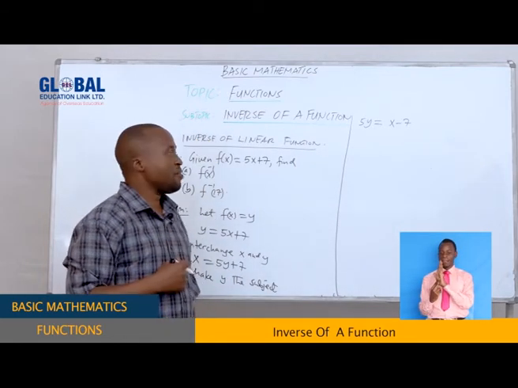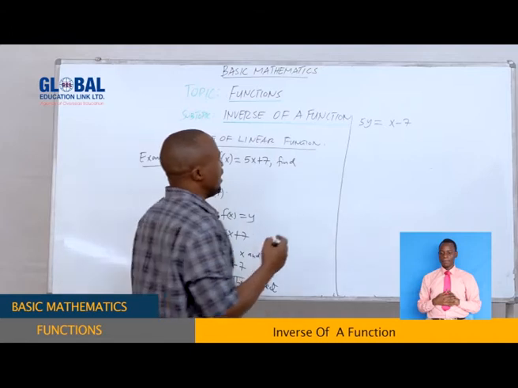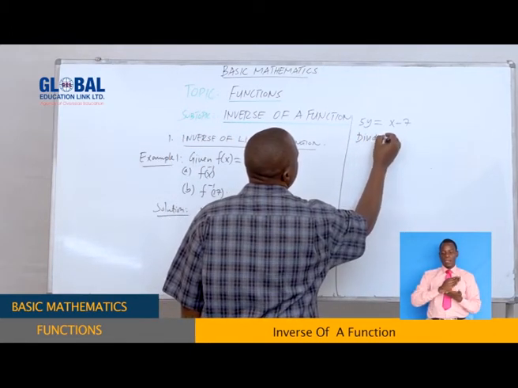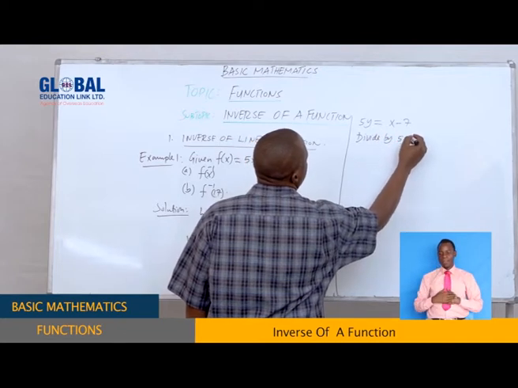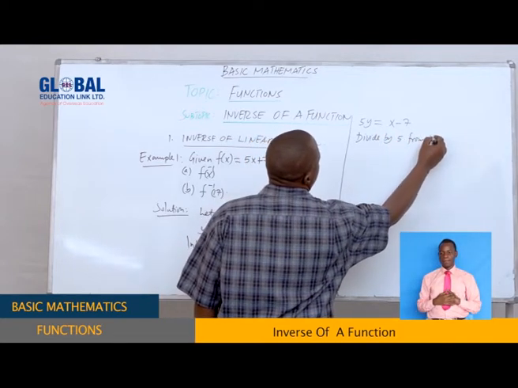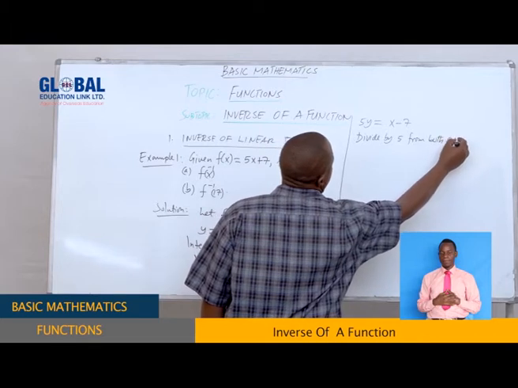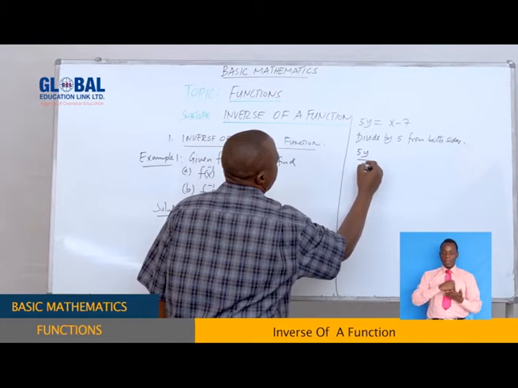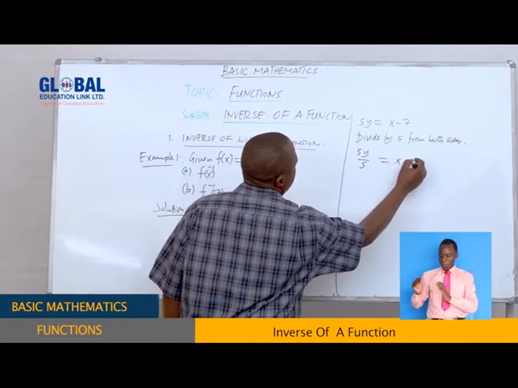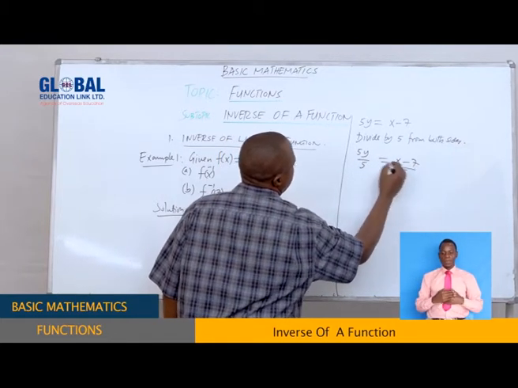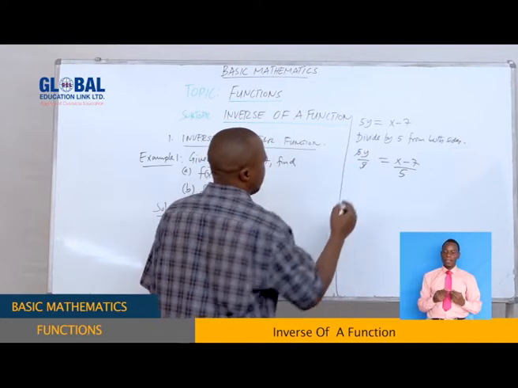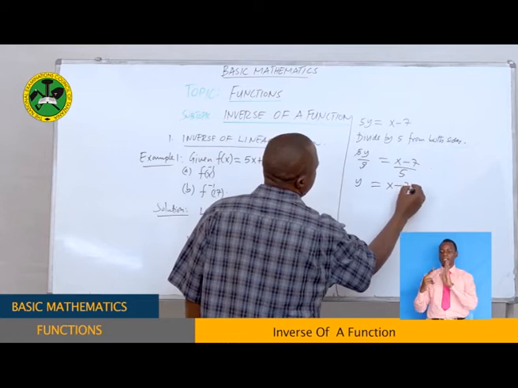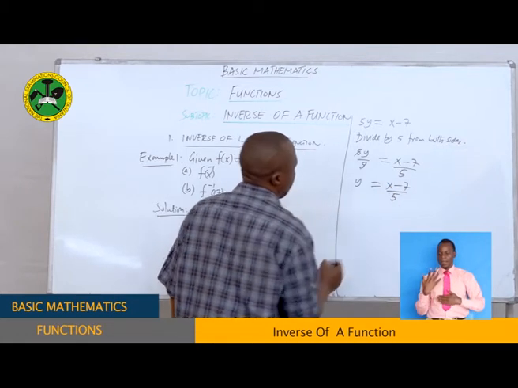So in this case, we divide by 5 from both sides. That is, 5y over 5 is equal to x minus 7 over 5. So in this case, we have y is equal to x minus 7 over 5.